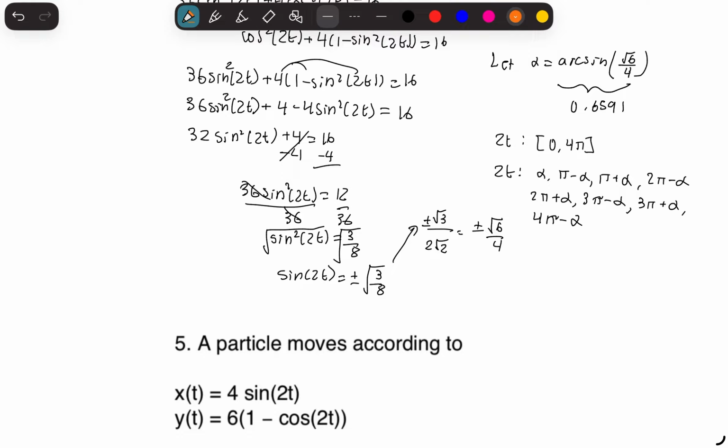And you're just going to have to divide everything by 2. So we're taking this whole entire set and we're going to divide all that by 2. And that is a really long answer, so we'll just leave it as that.